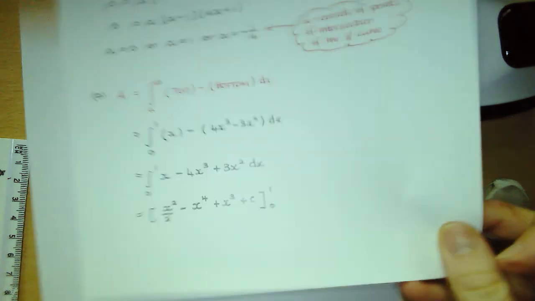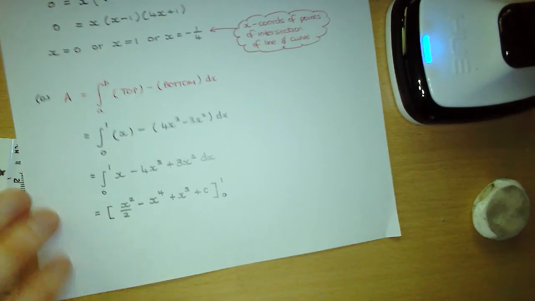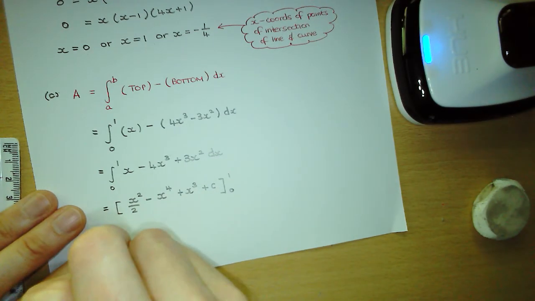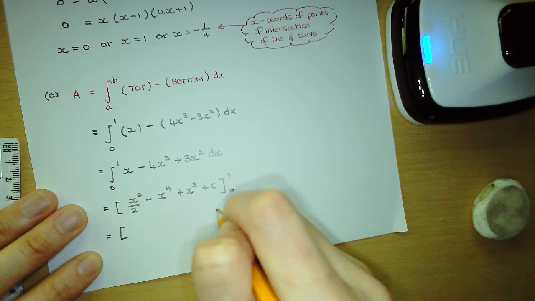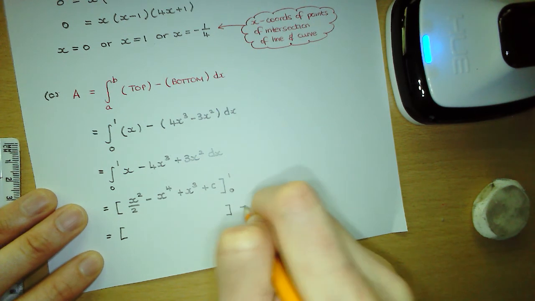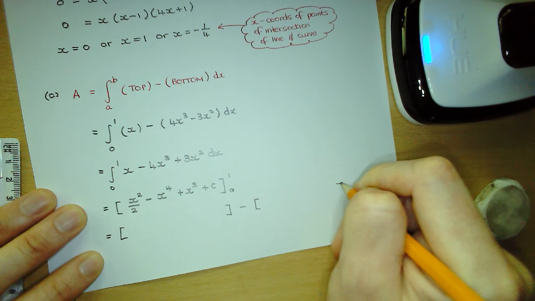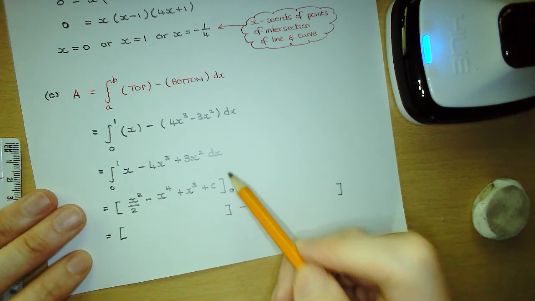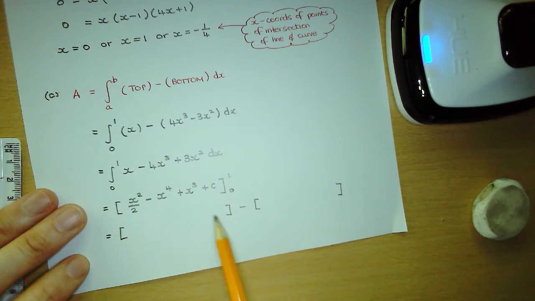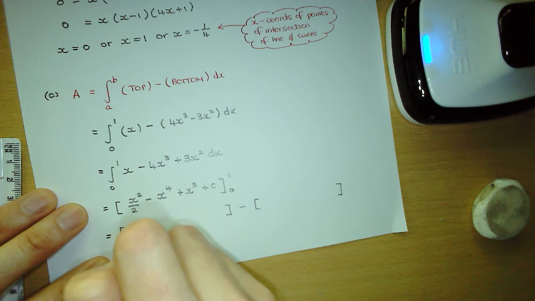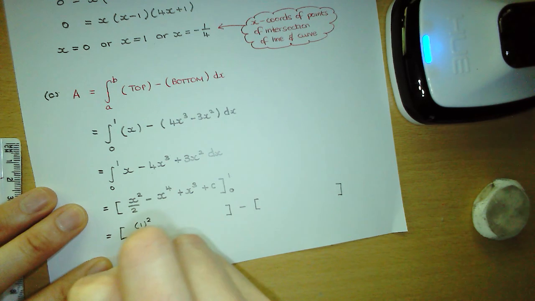Okay, next plan then. So break up the square brackets into 2 separate square brackets with a minus between them, and then sub the bigger limit into the integrated expression in the first square bracket. So we're going to have 1 all squared over 2.